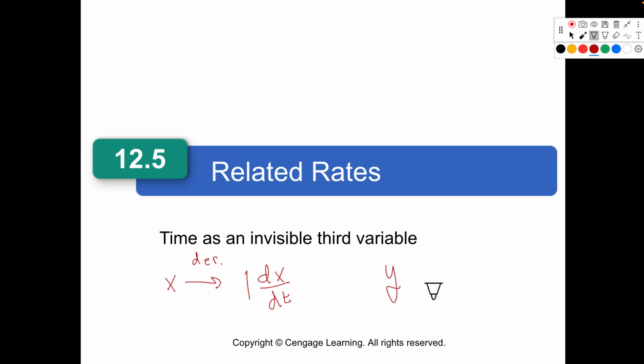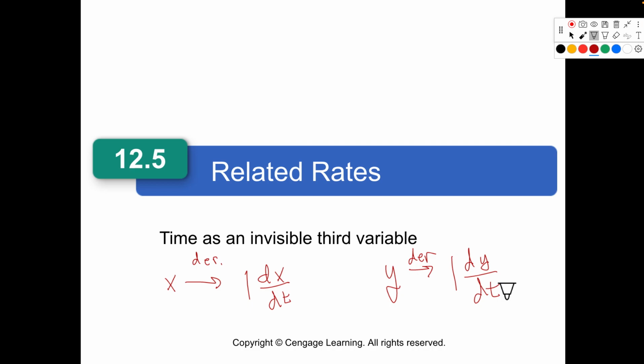Likewise, when we see the variable y, if it's changing over time, what would be its derivative? dy over dt, exactly. So this is a thing, and then you go, well, where's dt? I don't see it. Well, yeah, time is like that. You don't see it. It just happens, right? So that's the idea, is that the change of y is happening over time, but there is oftentimes not a variable with time.